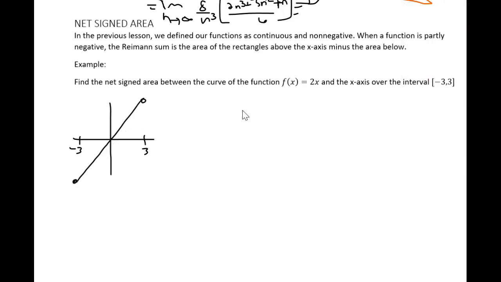So as you can see, we have area under the curve down here, and we have area under the curve up here. And what happens is these areas are actually going to cancel out and equal 0 because we have the same area on both sides.